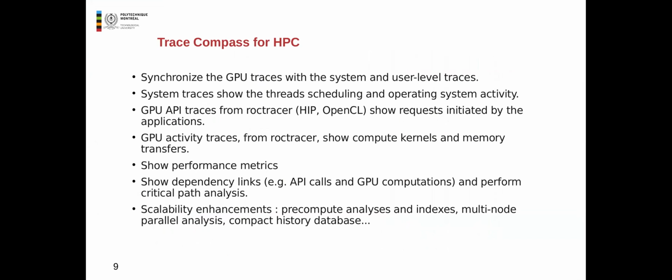And we'll see that it's very interesting to see GPU traces, so with GPU calls or HIP calls or OpenCL calls, beside system analysis traces, showing all the processes that are running on the system, also showing memory allocation or other sources of data.